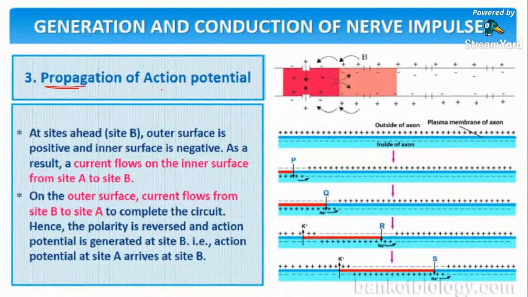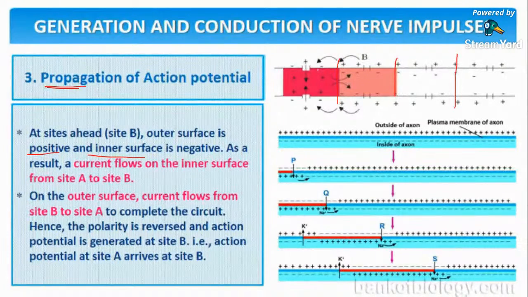Propagation of action potential: at the site ahead, site B, the outer surface is positive and the inner surface is negative. Guys, it is going to happen at a particular site only. At a particular site only, the sodium ions are going to get exchanged. Suppose we are dividing it like this.